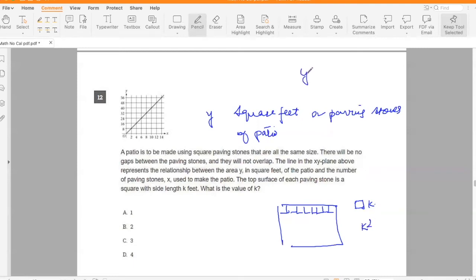So I can say that Y is X times K square, right? Because the area of one paving stone is K square. So for X paving stones, it will be X K square, and that will be the area of the patio.